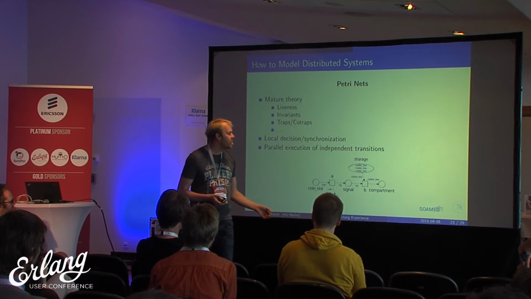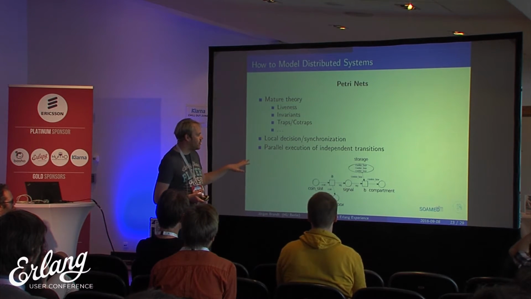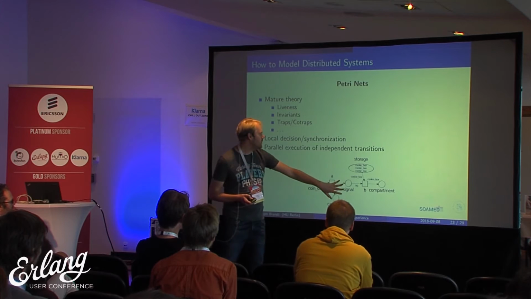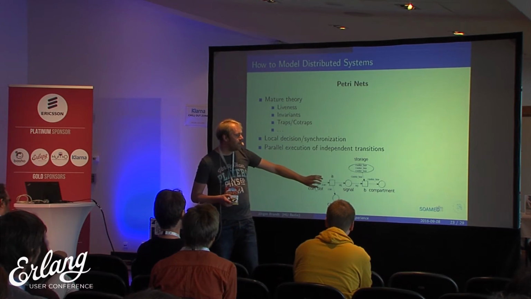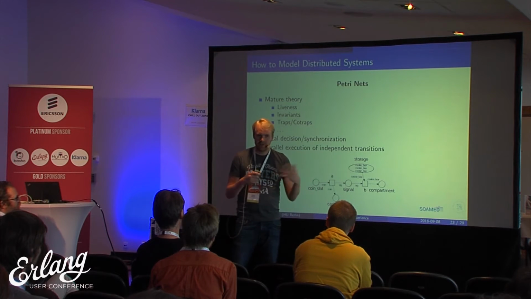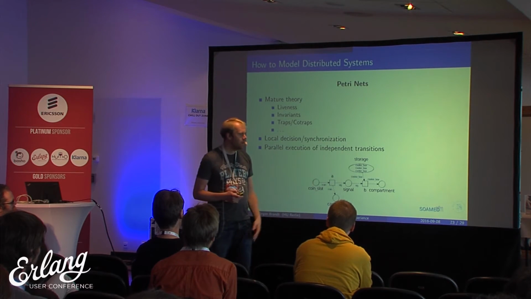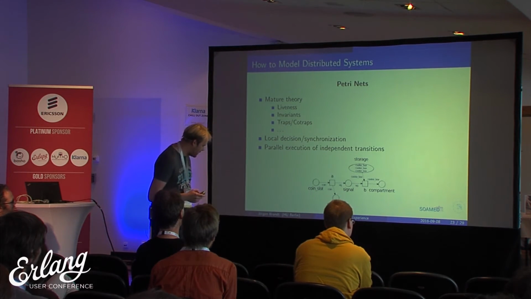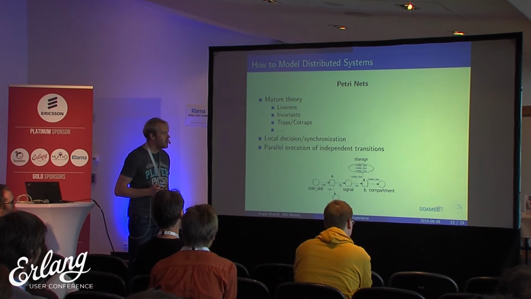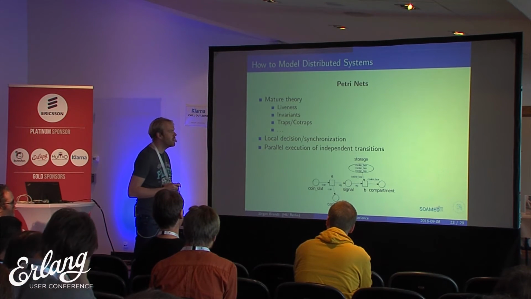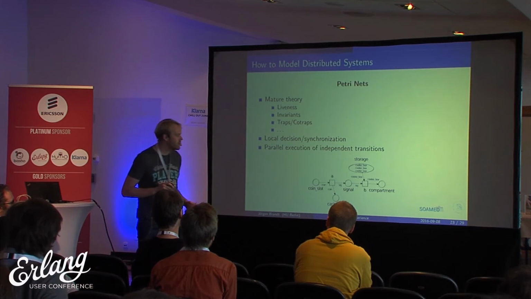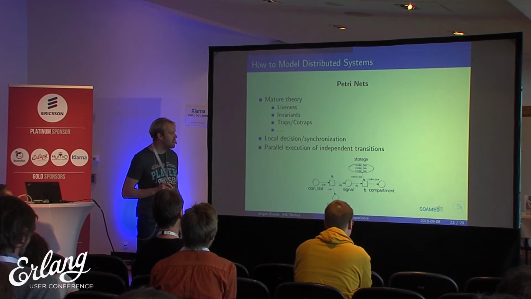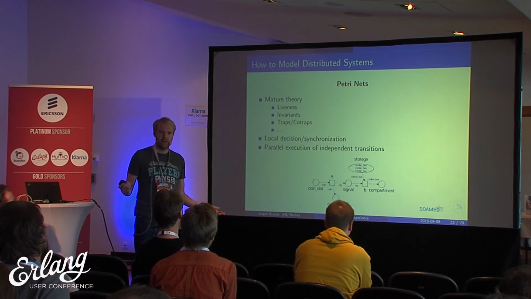And also, when I look at distributed runs of the system, I can always tell which of the transitions fire independently. And if they fire independently, then of course I can do these things concurrently. And also here, Erlang is a very good programming model because concurrency is very doable.